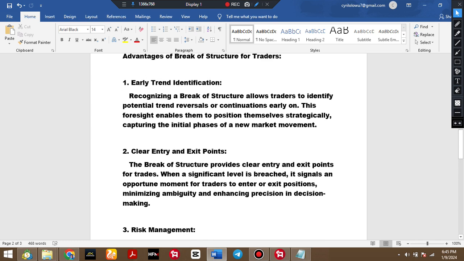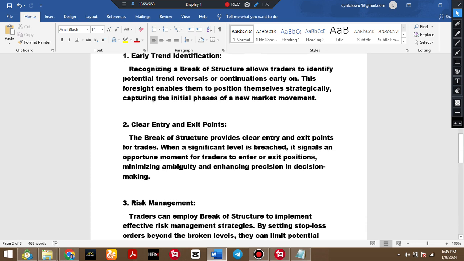So when you identify the structure as a trader, it helps you to identify the trend, and also it positions you to determine when to place an order, either for sell or for buy. Then secondly, clear entry and exit.